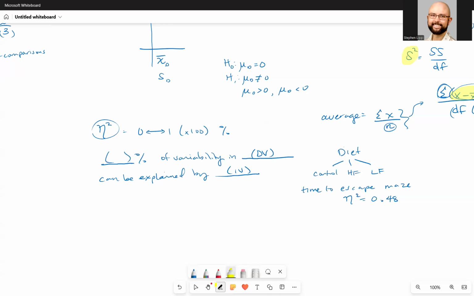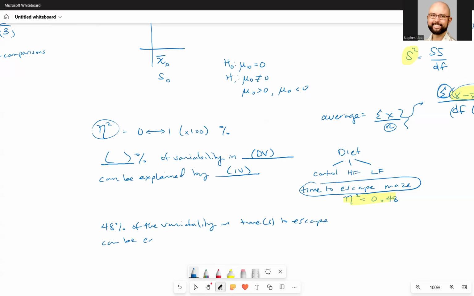The way that we would interpret this value is we would say that 48% of the variability in our dependent variable, time in seconds to escape, can be explained by, and what is our independent variable here? Well, our factor is diet. So we can say by type of diet.